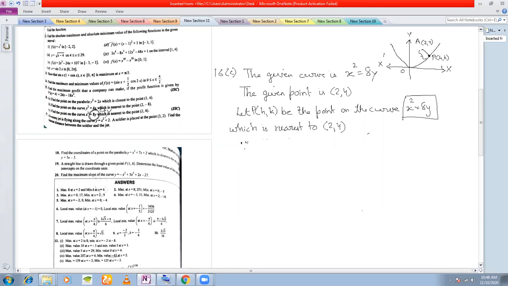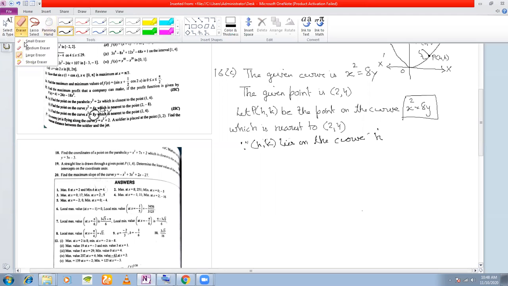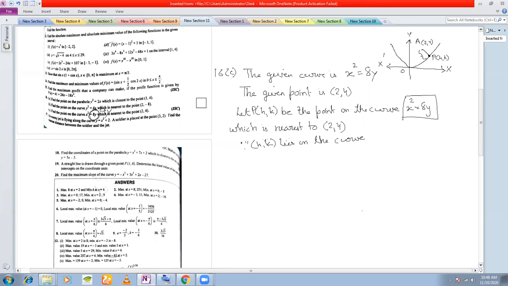So since (h, k) lies on the curve x square is equal to 8y, therefore you put x is equal to h and you put y is equal to k. You get h square is equal to 8k.